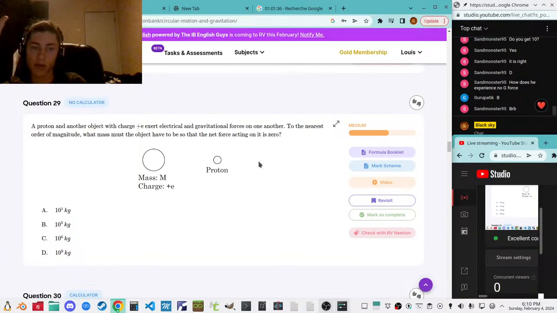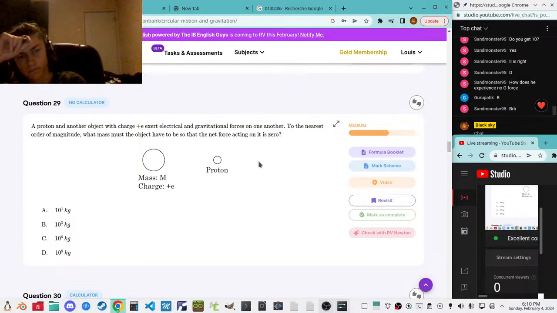So they're repelling, but they're attracting. So you want its mass to be equal, in order of magnitude. Probably a big mass. That's what I can tell you.